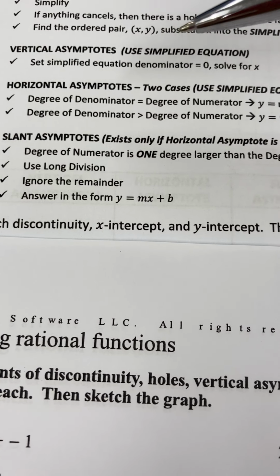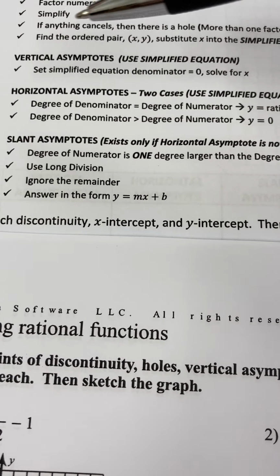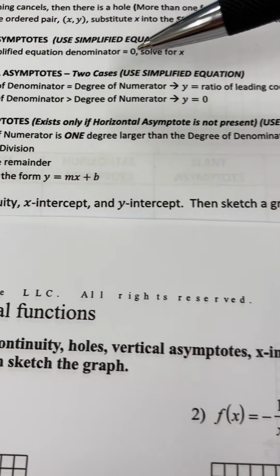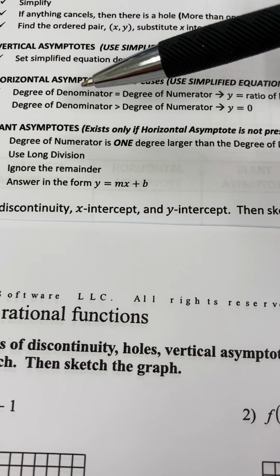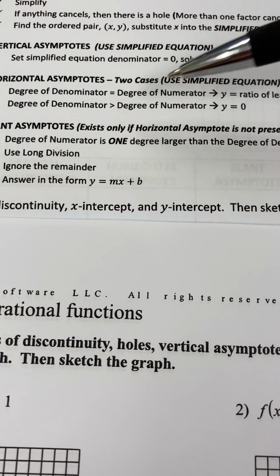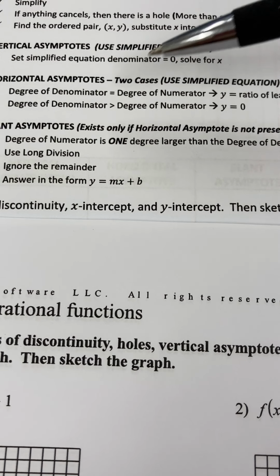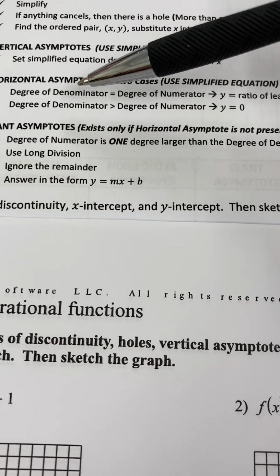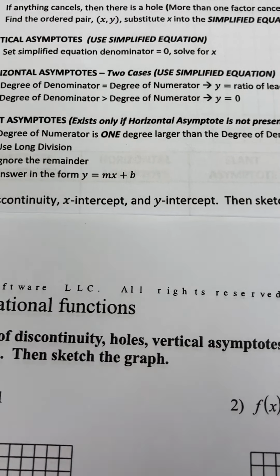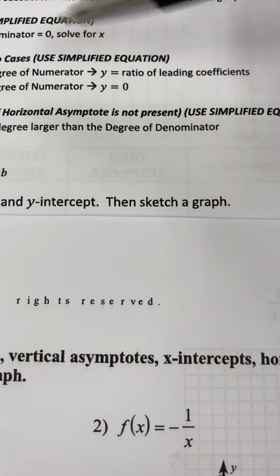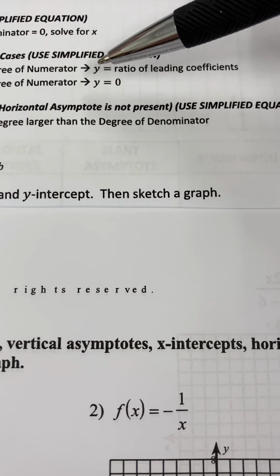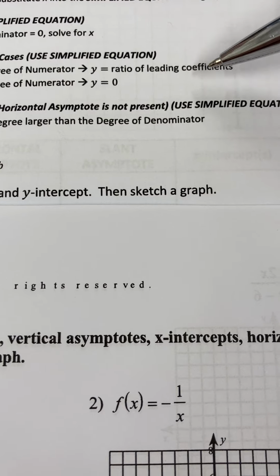Your horizontal asymptotes, which are going across like this, have two cases, and you use the simplified equation for this. If the degree of the denominator is equal to the degree of the numerator, we did the degrees of the equations a long time ago, then your horizontal asymptote occurs when y is equal to the ratio of your leading coefficients.